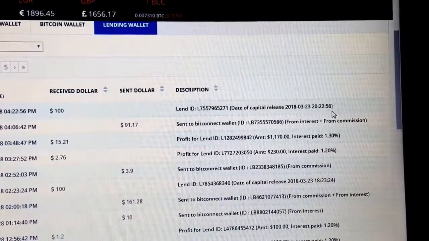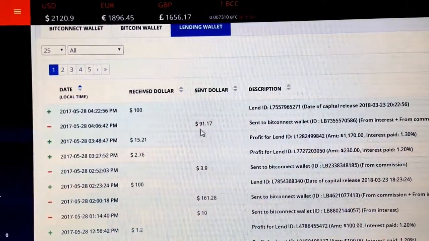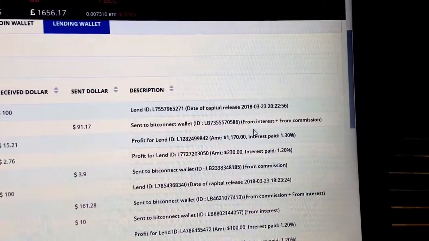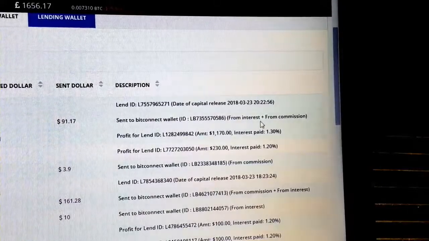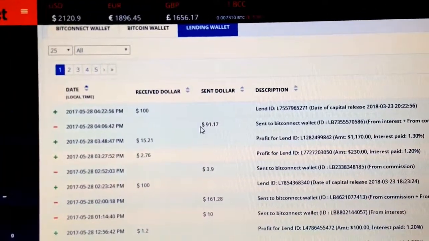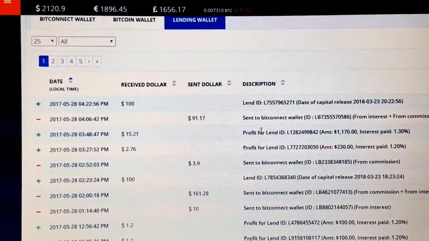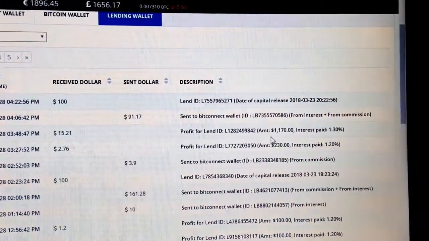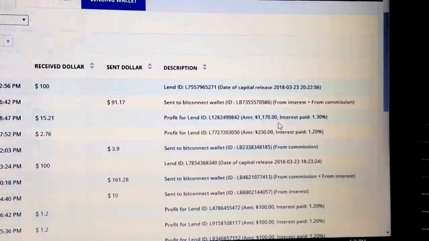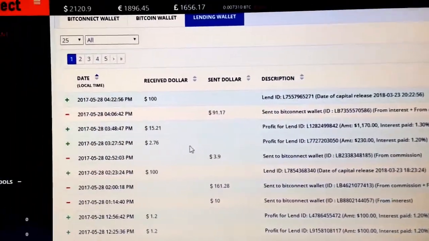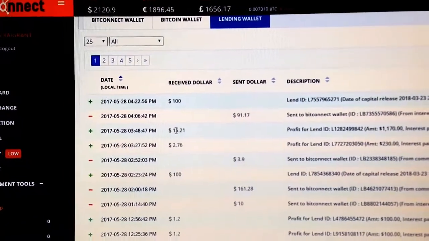at the exact time. Here it shows me earning $91 actually from interest and from commission, right? Most of that is commission though. So here goes $15.21 profit for lend. I did a loan for $1,170 and I just got paid interest 1.3%, and I earned $15 today from that loan.